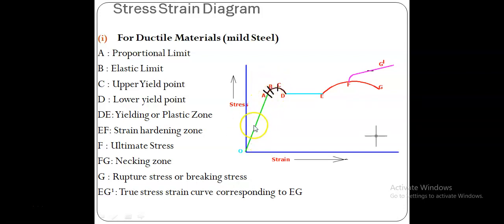The first point is proportional limit, next is elastic limit, then C is upper yield point, and D is lower yield point, and DE is called yielding or plastic zone, and EF is strain hardening zone, then F is ultimate stress or ultimate point, whereas FG is necking zone, and G is rupture stress or breaking stress, and EG dash is the true stress strain curve corresponding to EG.